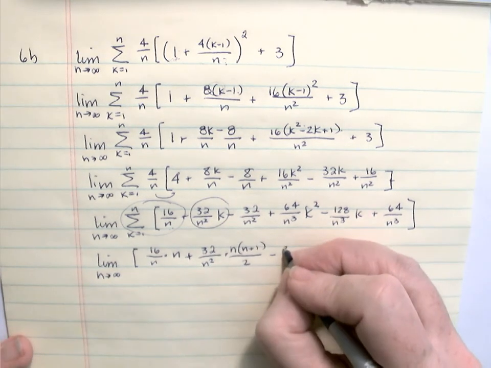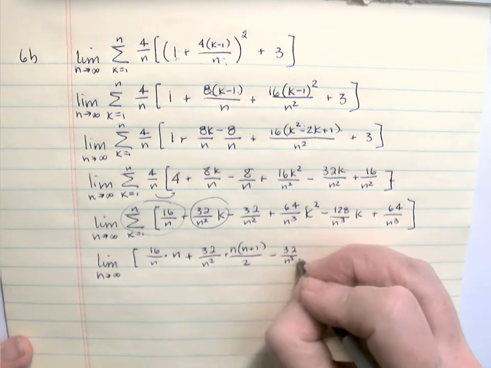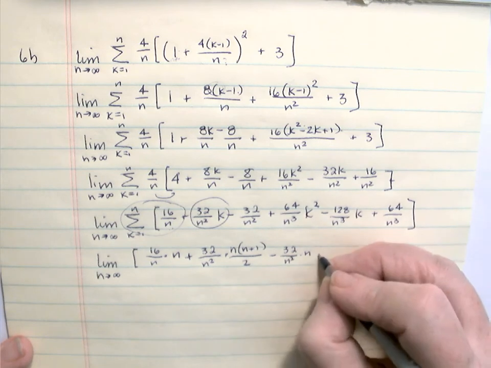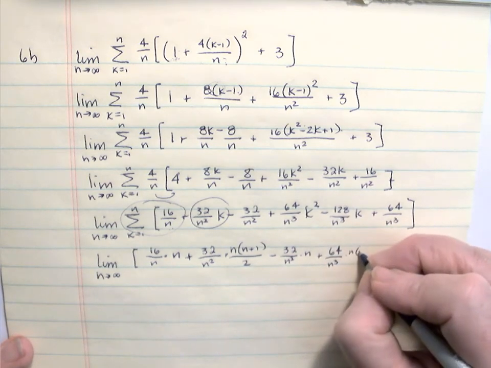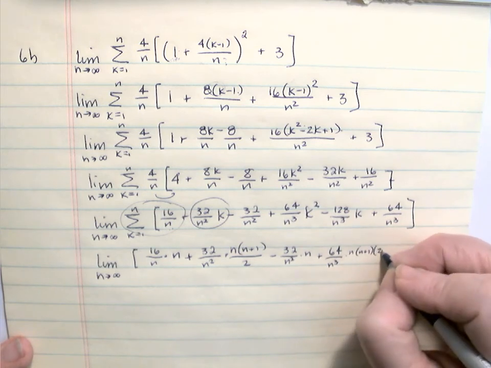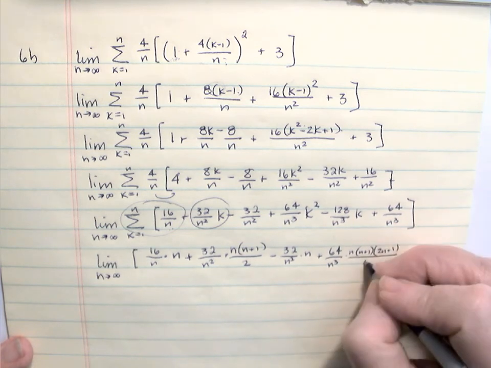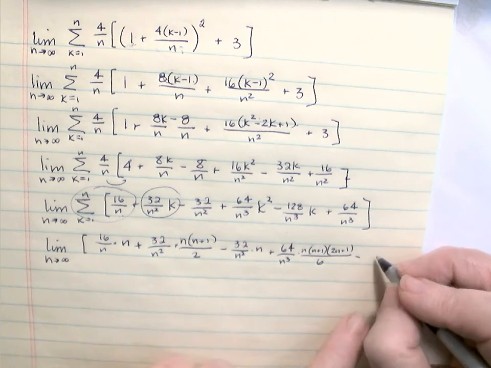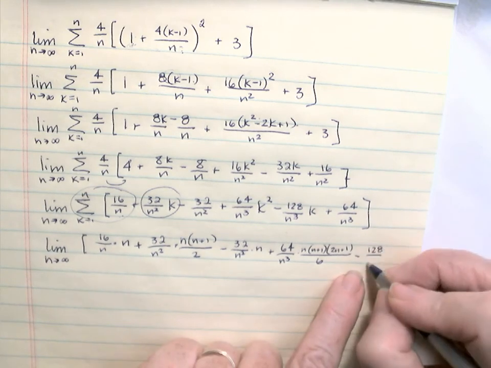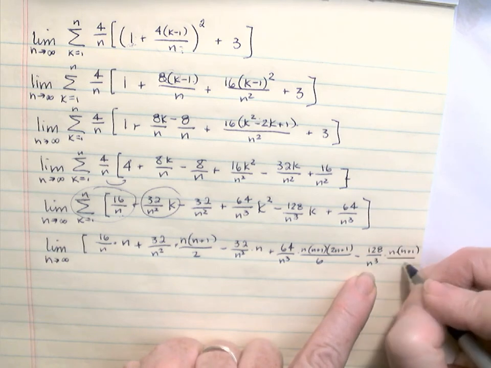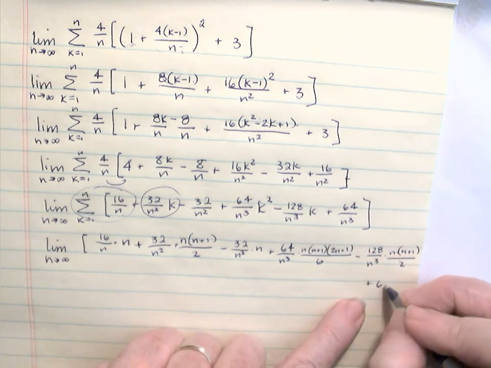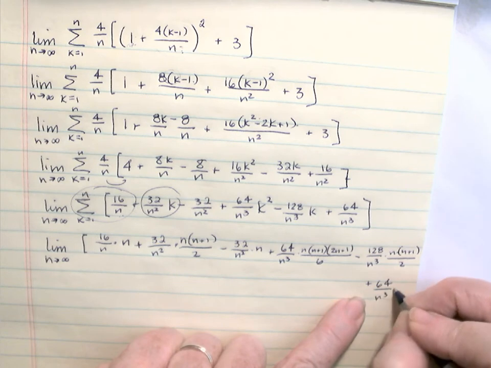My next term is going to be 32 over n squared times n, that's a constant. Next term, 64 over n to the third, n times n plus 1 times 2n plus 1, all over 6. I'm going to have minus 128 over n to the third, n times n plus 1, all over 2. And then I'm going to have to put down here 64 over n to the third times n.